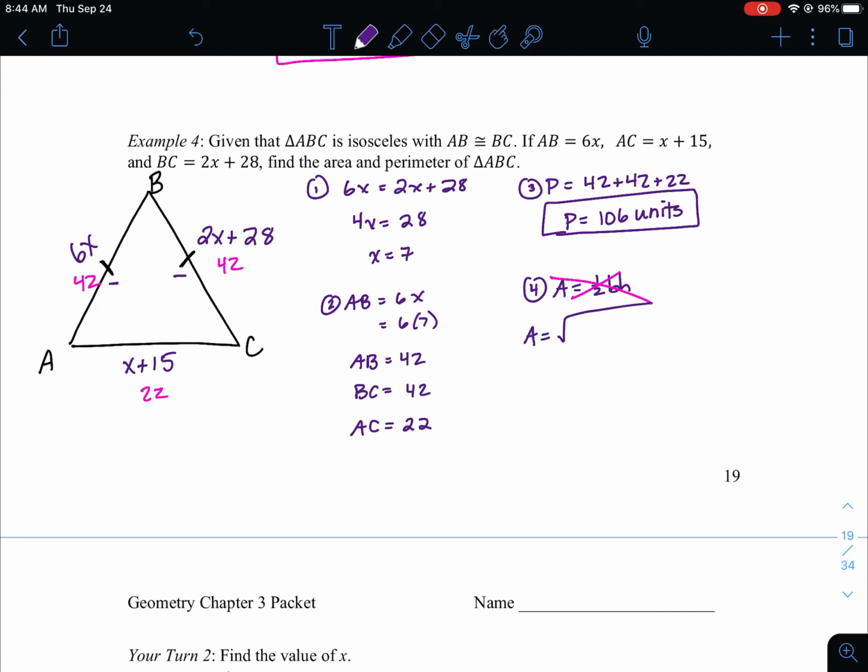So it's the square root of S times S minus A times S minus B times S minus C, and S is half of the perimeter. So S is 106 divided by 2, which is 53. So we're going to do 53 times 53 minus 42 times 53 minus 42 times 53 minus 22.